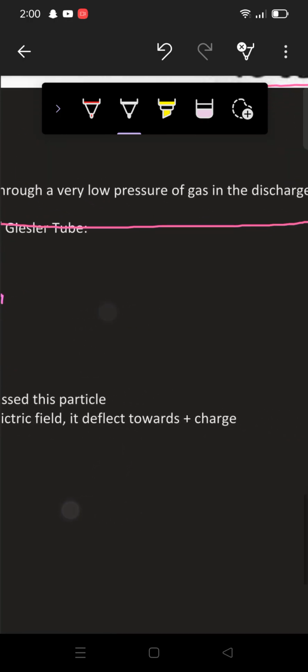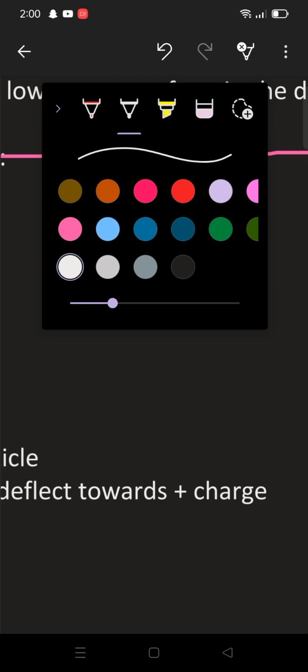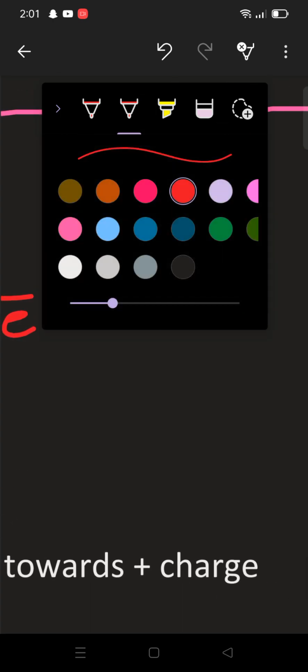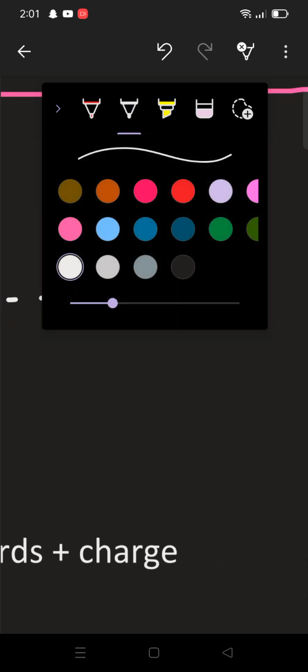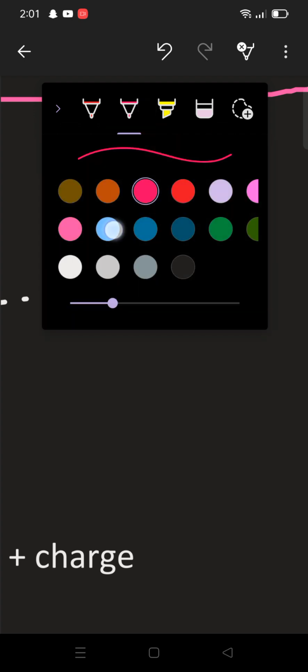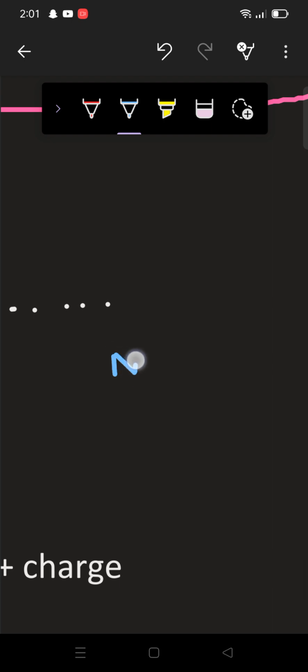Now we are going to identify the mass of this particle, right? Does this particle have mass or not? For identifying the mass of this charged particle, we need to make it pass through a magnetic field. Now we know that north is on the up and south is on the down, but it is okay if I make north on the downside and south on the upside.